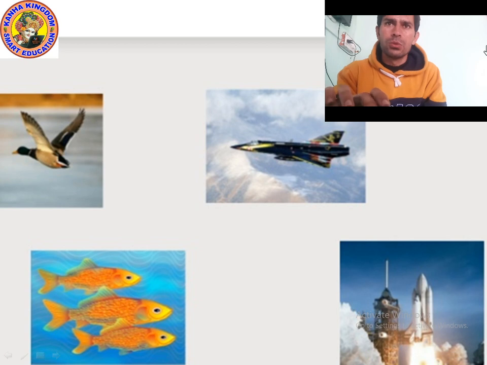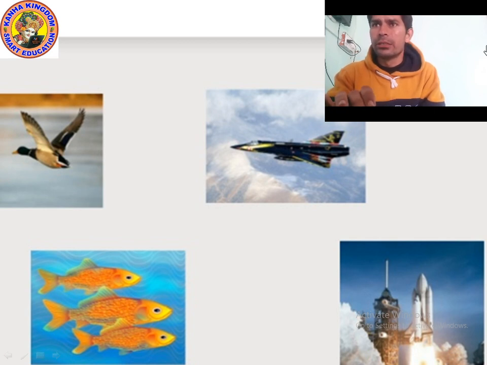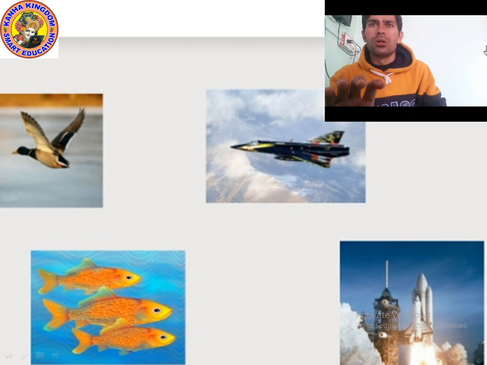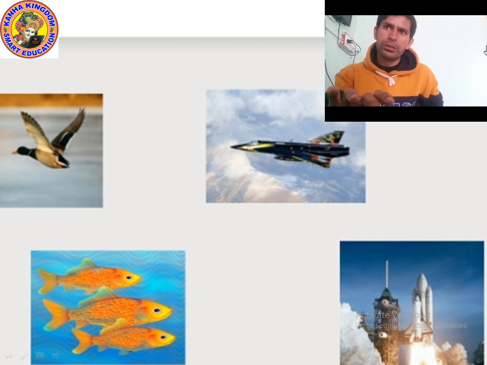So how is the shape of the bird and aeroplane? Tell me, kids, how is the shape? Their shape is actually called streamline shape.